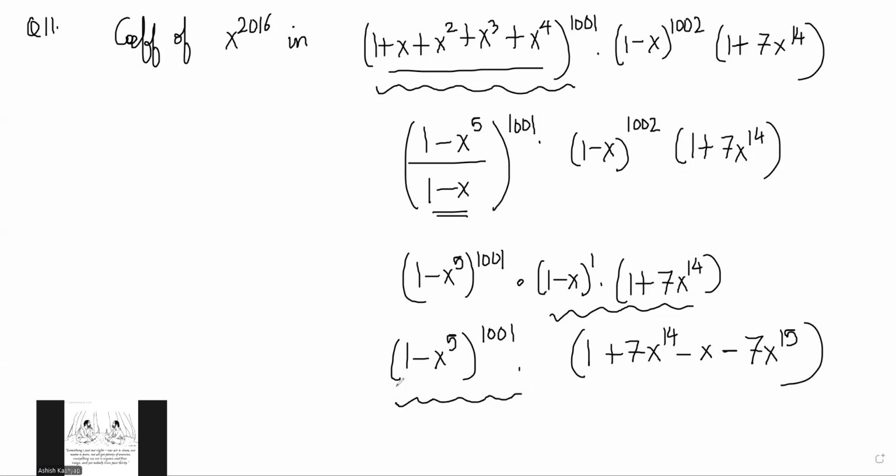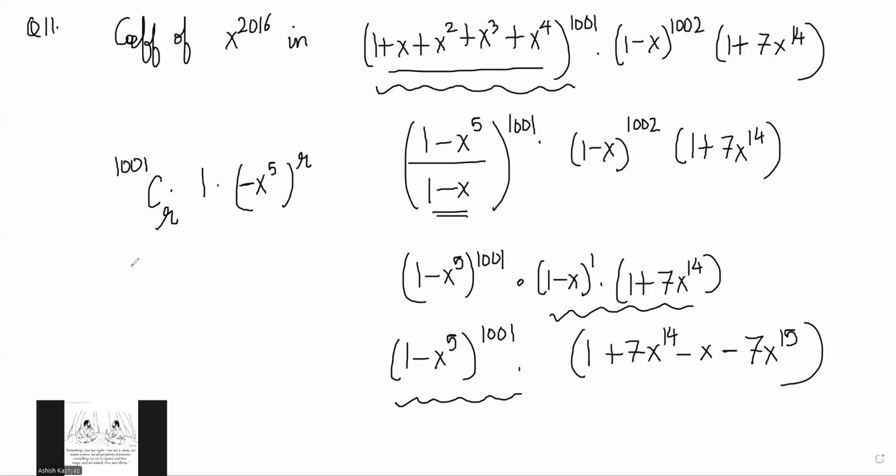The general term is 1001 C r, 1 to the power 1001 − r, and minus x⁵ to the power r.